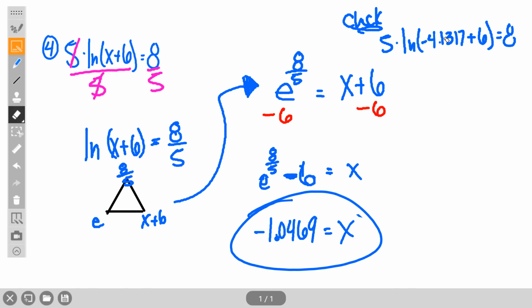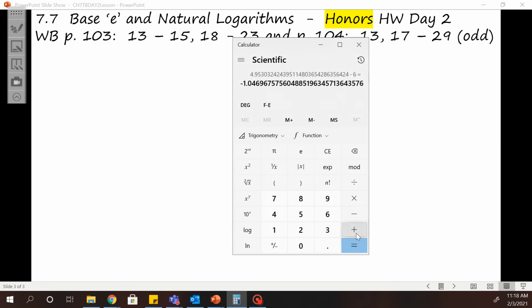So let me plug that in. And this is why you should always check your answers, because it's very possible that you made a very small mistake. Okay, so let me try this. 5 times the natural log of, add 6 to this, 4.9530.